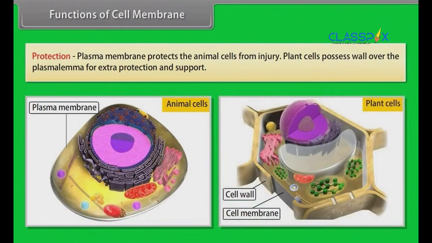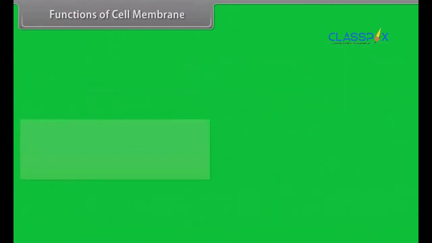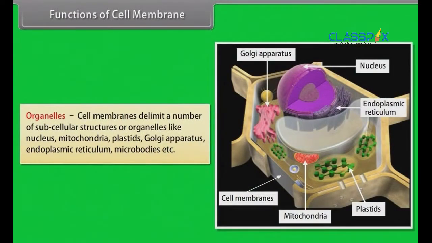Plant cells possess a wall over the plasma membrane for extra protection and support. Organelles. Cell membranes delimit a number of subcellular structures or organelles like nucleus, mitochondria, plastids, Golgi apparatus, endoplasmic reticulum, microbodies, etc.